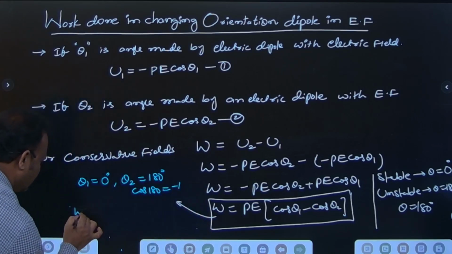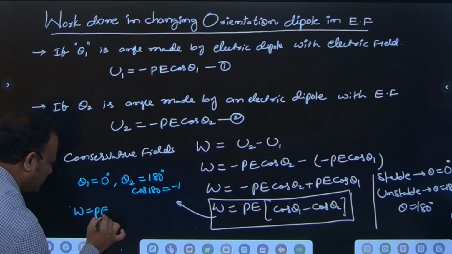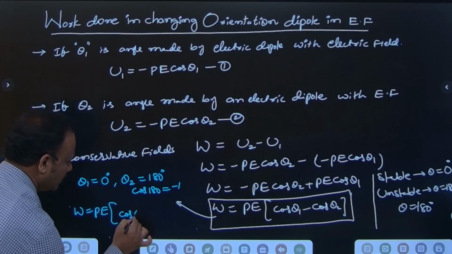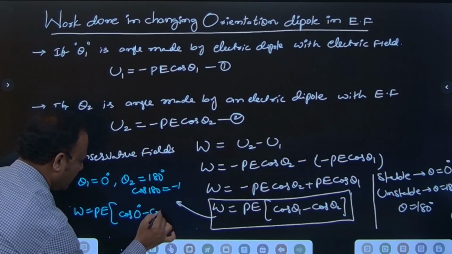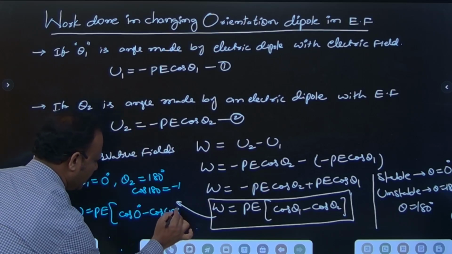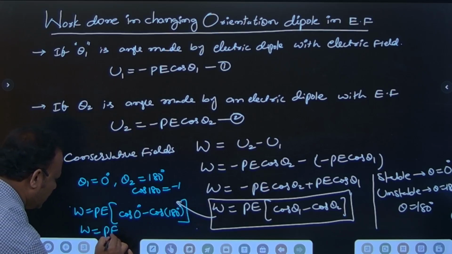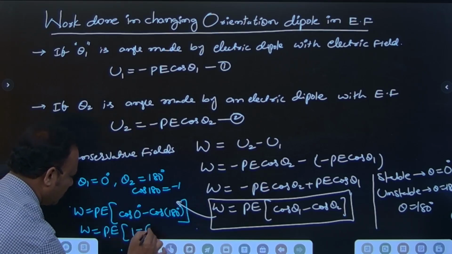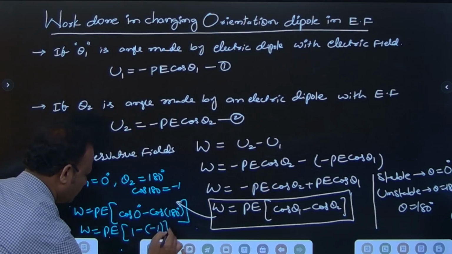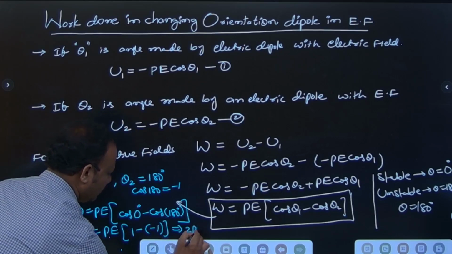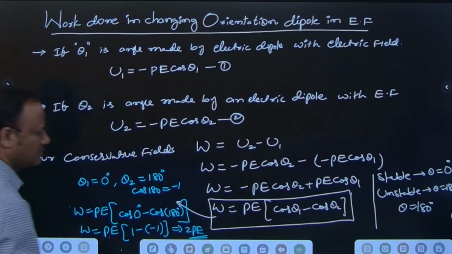Now W is equal to pE times cos 0 degrees minus cos 180 degrees. So W is equal to pE times 1 minus of minus 1, which becomes 2pE. Direct answer for this.